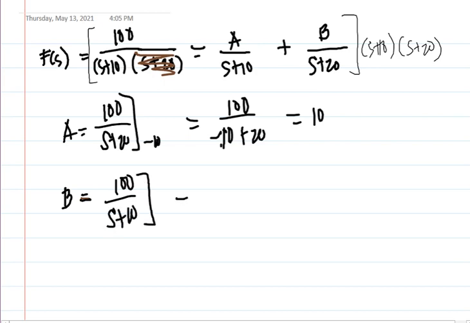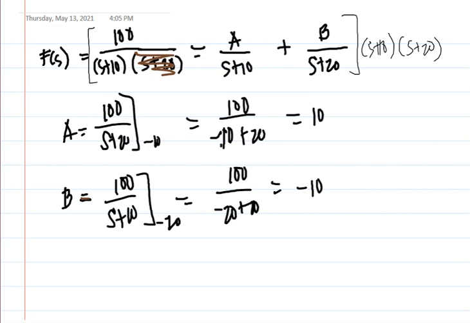We substitute S equal to negative 20. So this is equal to 100 all over negative 20 plus 10. This is equal to negative 10. So that is my answer.